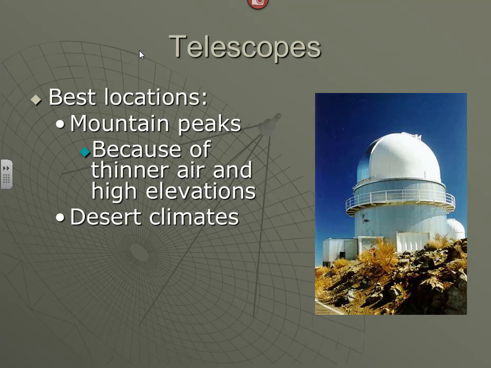A desert doesn't have very much rain, not very many nights that you would miss because of clouds. Skies are clear and the weather is dry. It also helps so that you don't have to close up to keep your telescope from getting wet. You don't have to worry as much about the dew collecting on the telescope.